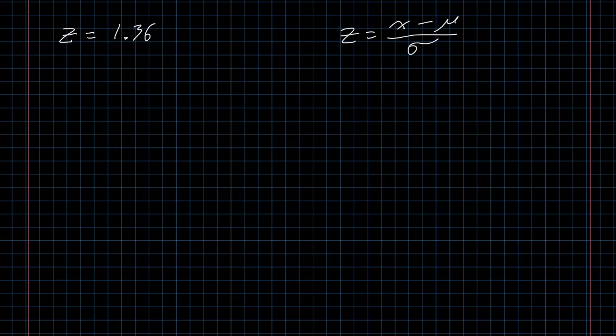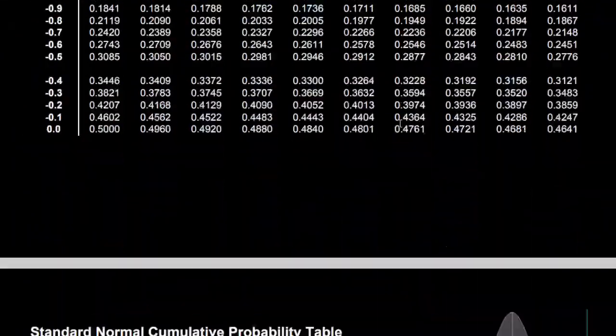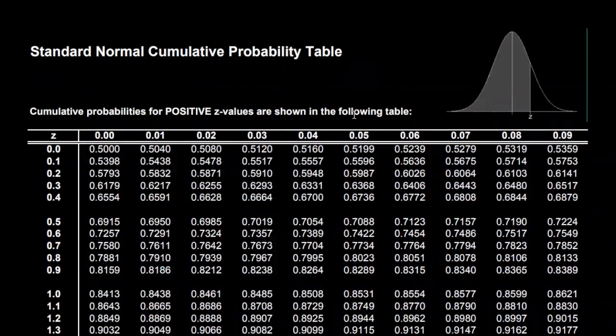And the answer to that question is that we go to what's called the standard normal cumulative probability table. This is sometimes called the standard normal distribution table or the z-score table. There are two of them. The one that I have on the screen right now is for negative z-values. And if I scroll down off this page and onto the next page, we have positive z-values.